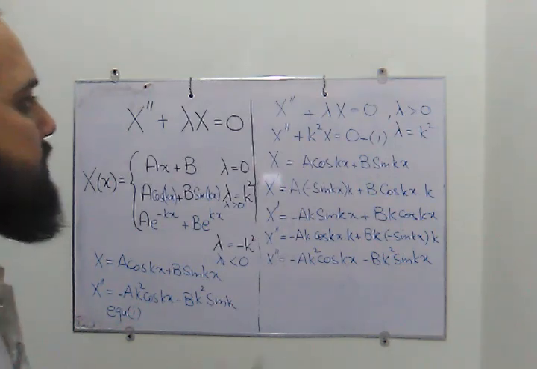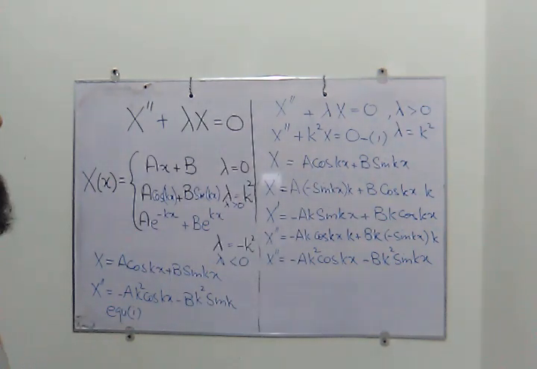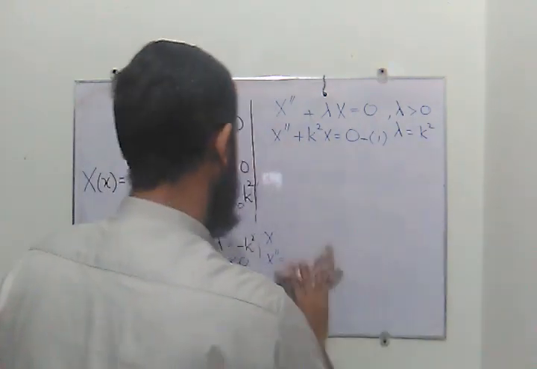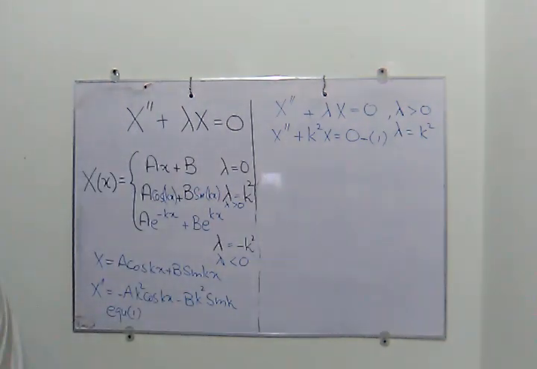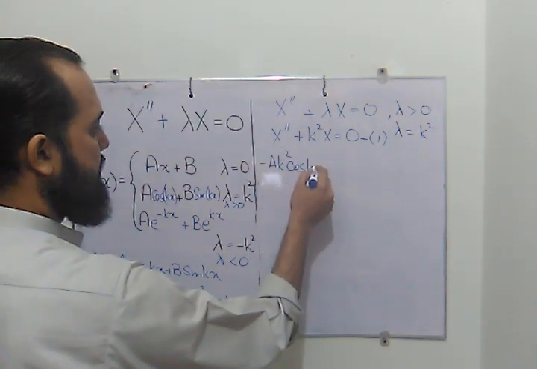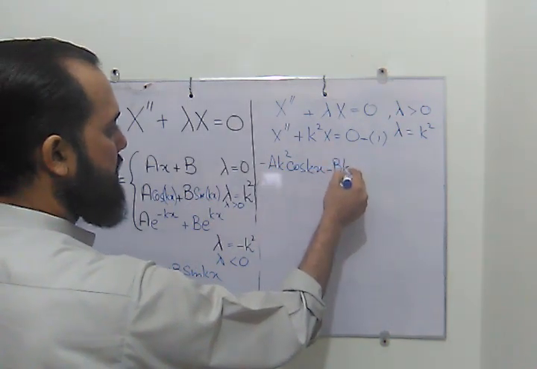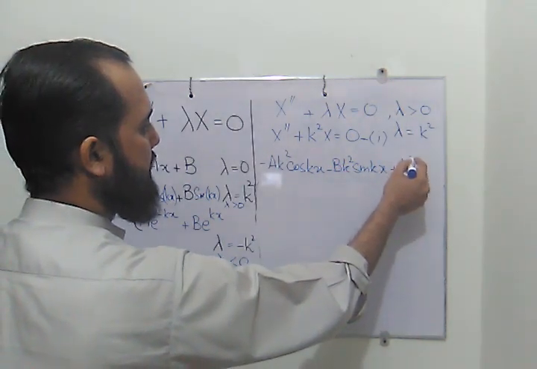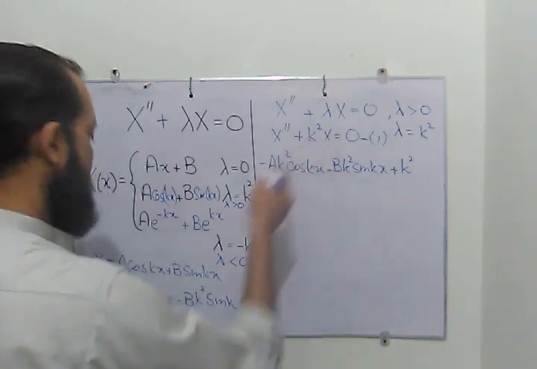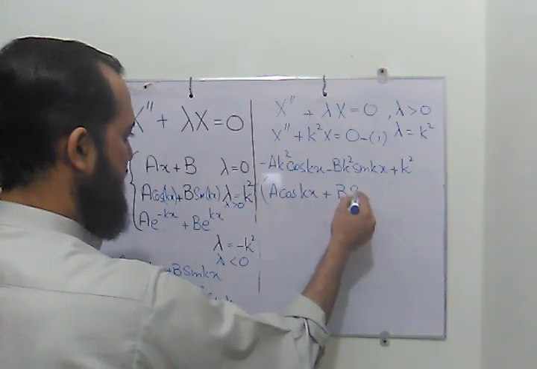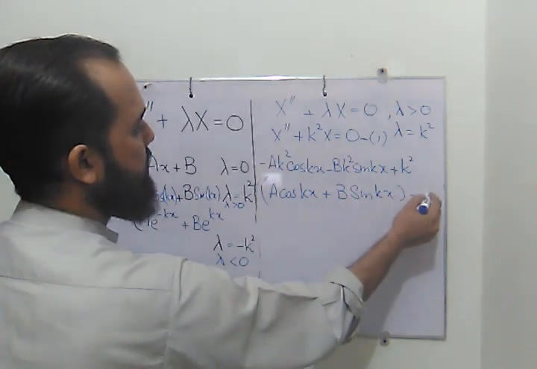Equation 1 will take the form: minus a k square cos kx minus b k square sine kx plus k square into the value of x, which is a cos kx plus b sine kx, equal to 0.